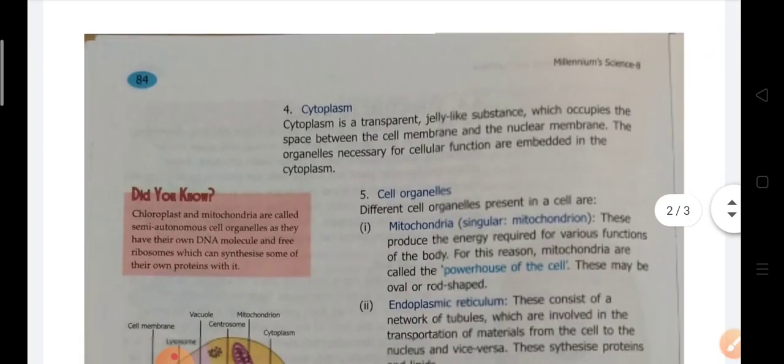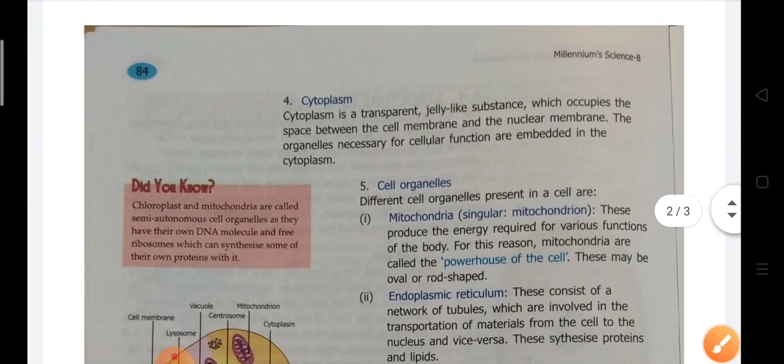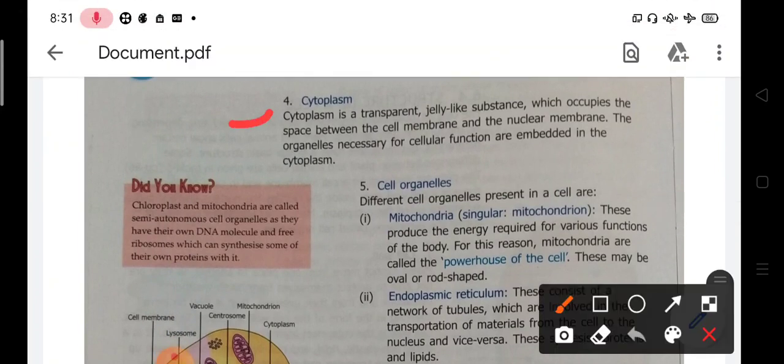Now we come to the next topic, that is cytoplasm. So here, cytoplasm is what? It is a transparent jelly-like substance, occupying the space between the cell membrane and the nuclear membrane. That means it is located between the cell membrane and nuclear membrane, and thus different cell organelles necessary for cellular functions are embedded in the cytoplasm.